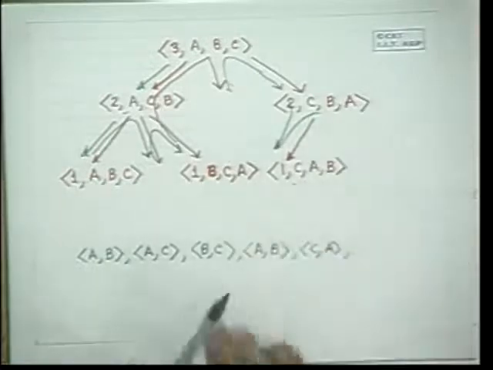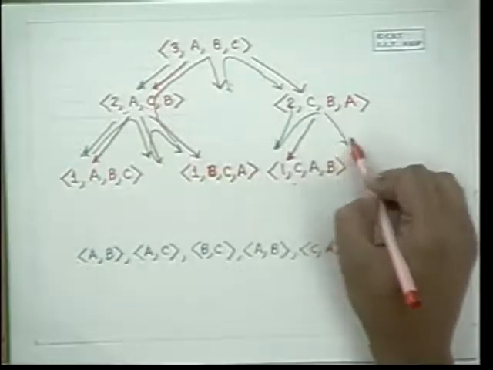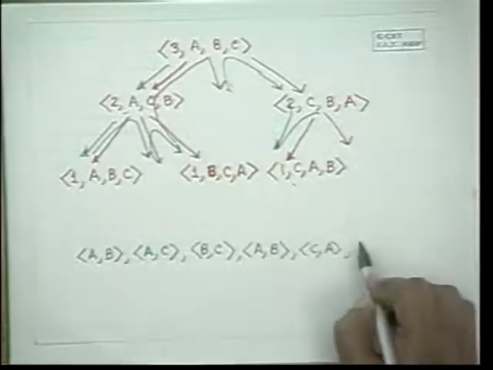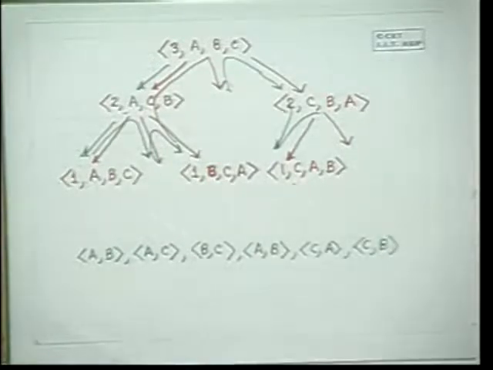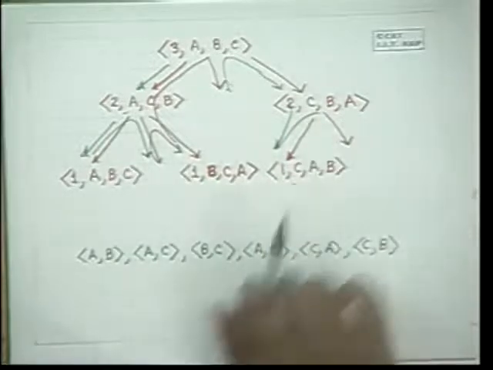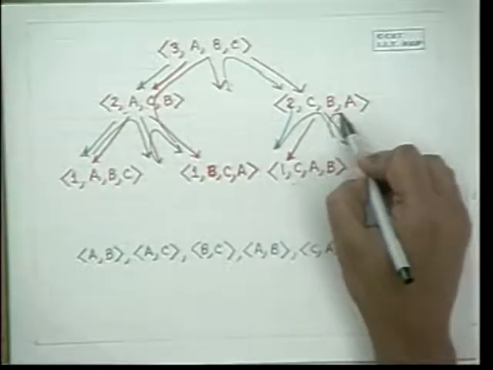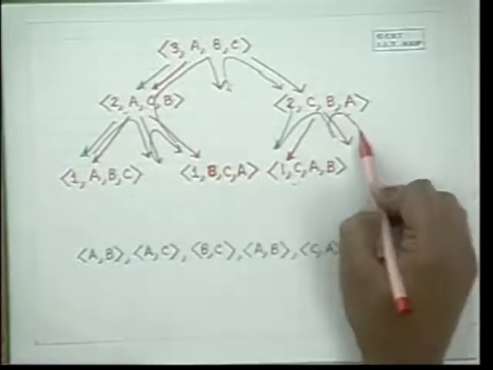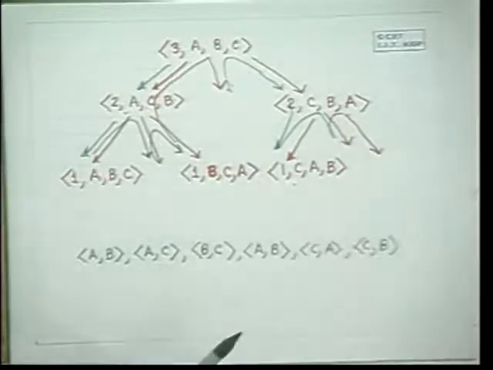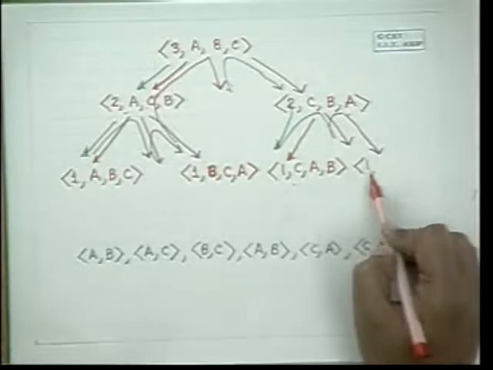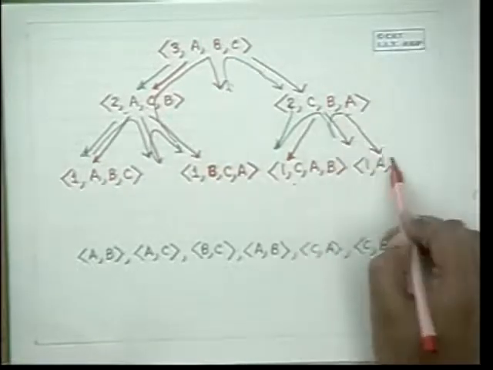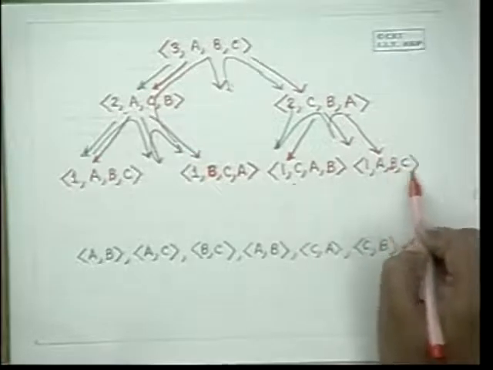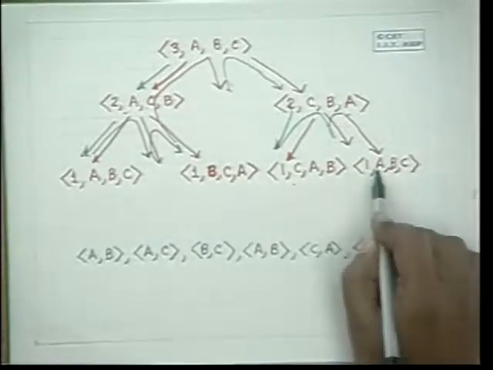Then control goes back, and the next subproblem gets generated. CB gets printed, because 1 from 2. So CB gets printed. So this part, control goes back here, and the last subproblem for this, which is 1, via, to, from, is generated.